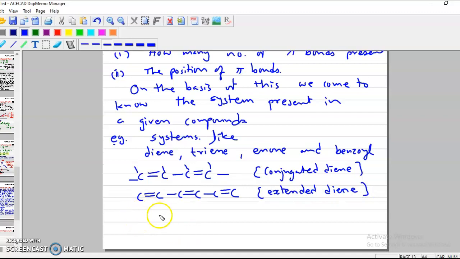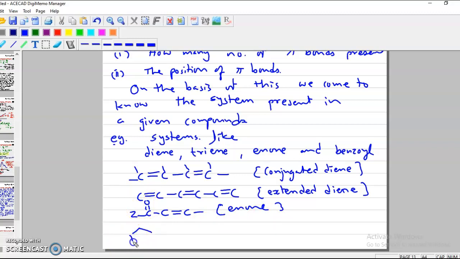Then we can have an enone system. If a carbonyl group is present along with some atom Z, then C single bond C, then double bond C, etc. Then you will see that C double bond O and C double bond C are in alternate positions, and that is called an enone system. So we can predict what kind of enone system is present from the graph.